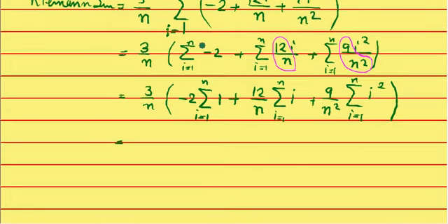So what does this mean? This means you are adding lots of minus 2's. Minus 2, minus 2, minus 2, minus 2. How many times? For every one of these i's, you are throwing in one more minus 2. i ranging from 1 to n. You're doing this n times.